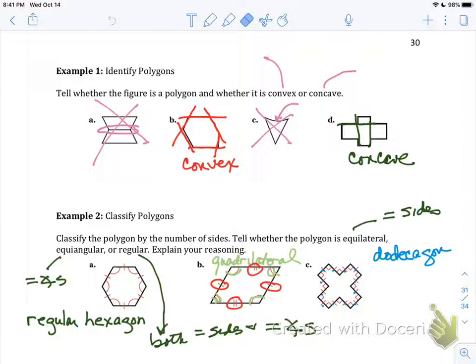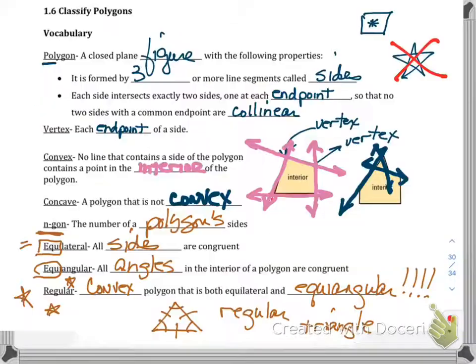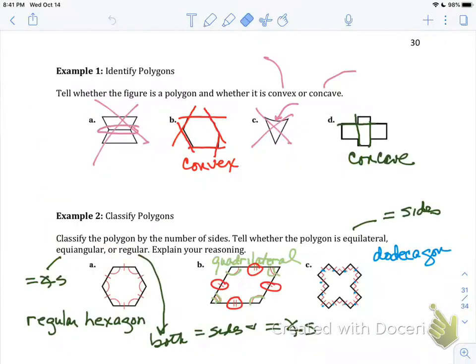And I see I have a lot of right angles inside. But let me think about this for a second. If I'm going to classify it as being regular, what's my requirement? Let me go back one more. To be regular, it has to be convex. Because this one is concave, it cannot be regular. So what does it have? It's equilateral, isn't it? So it's equilateral. And what else is it?